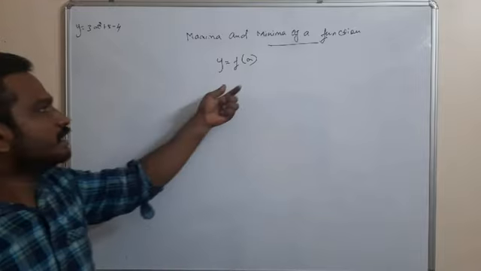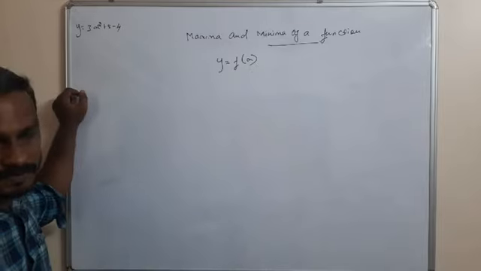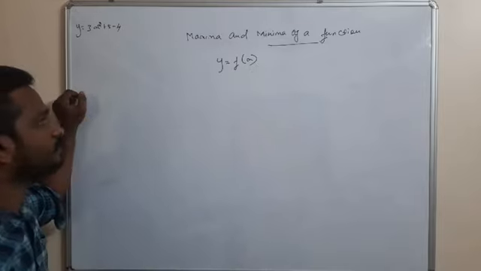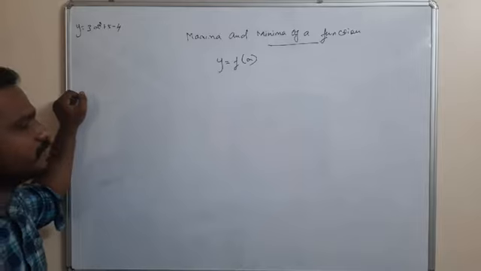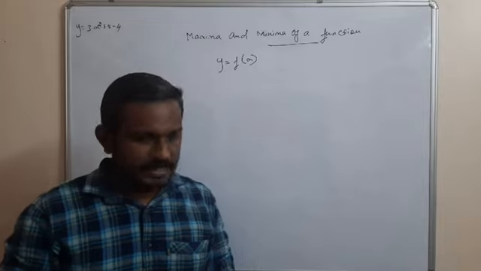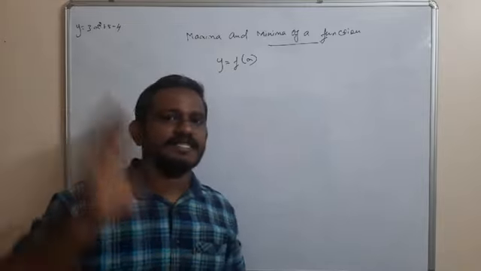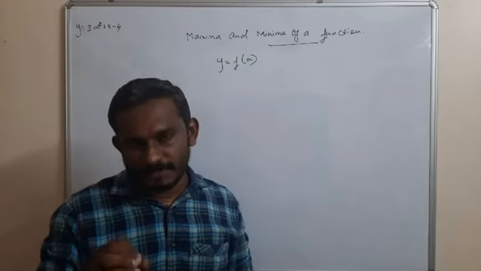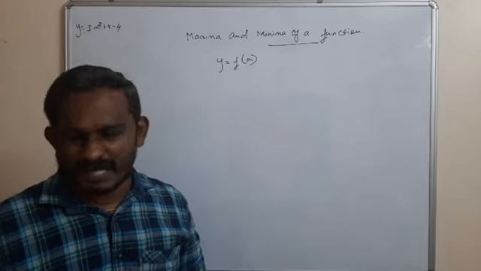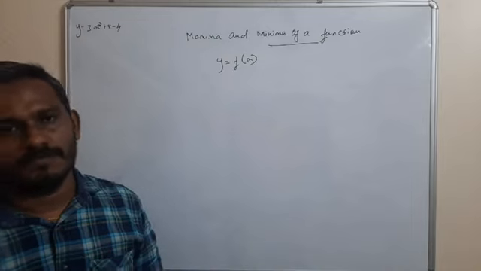So based on the x value, y is varying. In this function, for a certain value of x, y reaches the maximum. For a certain value of x, y reaches the minimum.